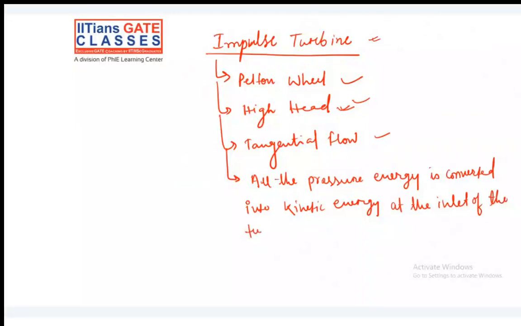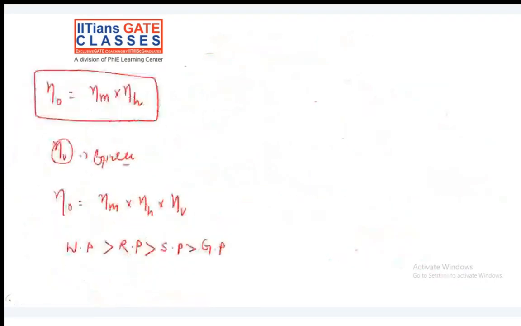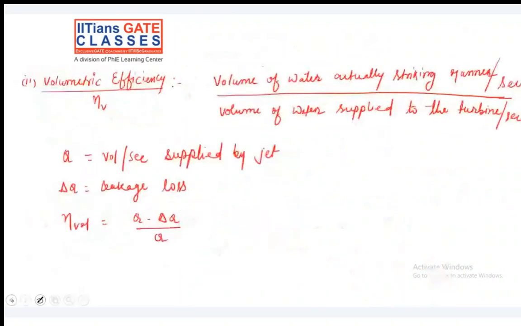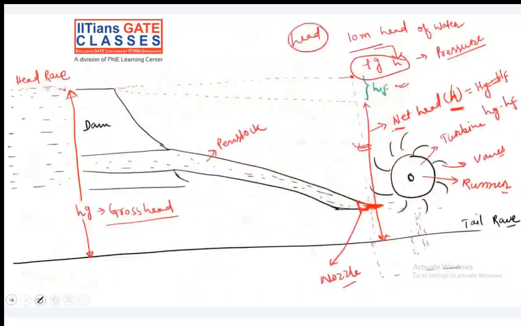Then what happens? Can I say that before the penstock and after the penstock, sorry, not penstock, before the turbine and after the turbine, you just understand this thing: if all my pressure is converted into kinetic energy, then what do I mean?